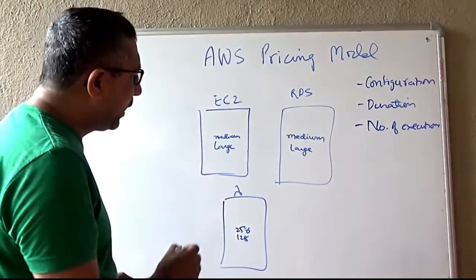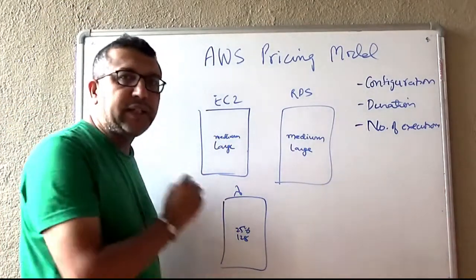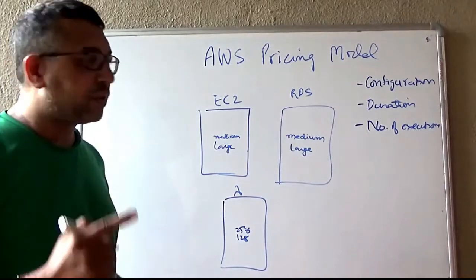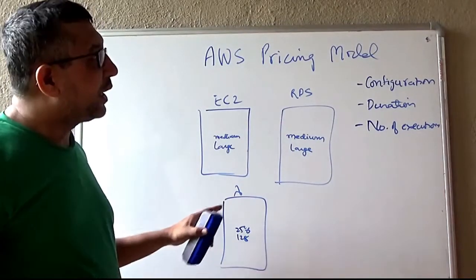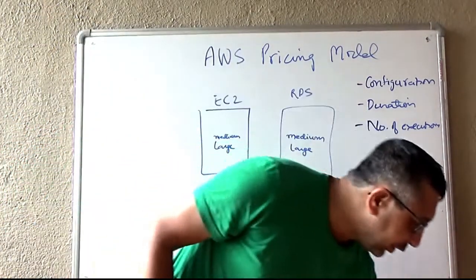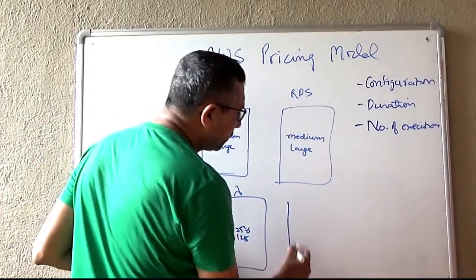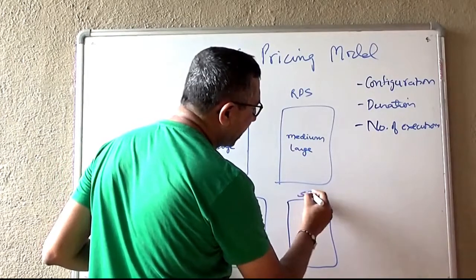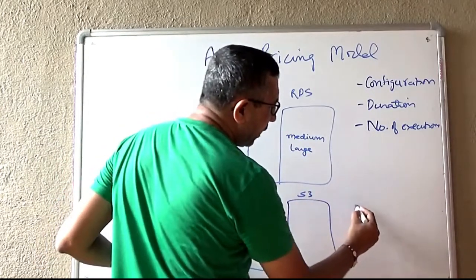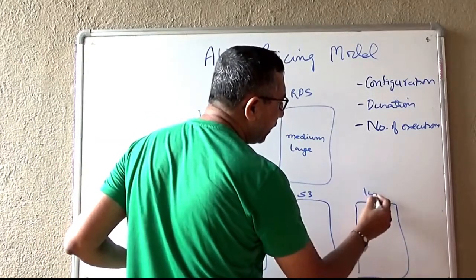So in the case of Lambda, it's like how many times you are invoking a Lambda. That also drives the cost. So from the Lambda perspective, you have duration, and you have the number of executions. Number of executions is also important in the case of, let's say, S3, or even IoT.